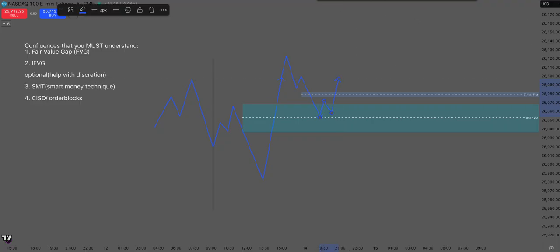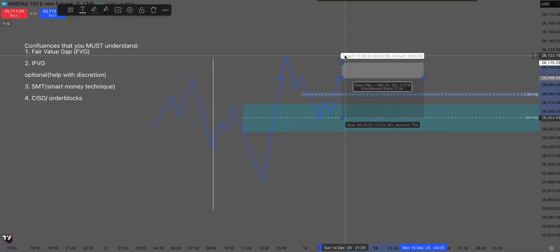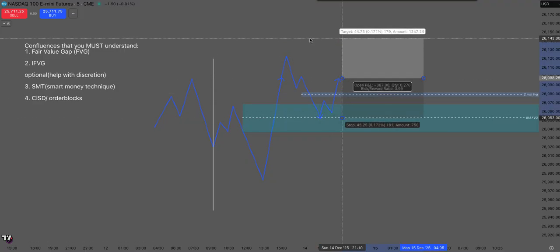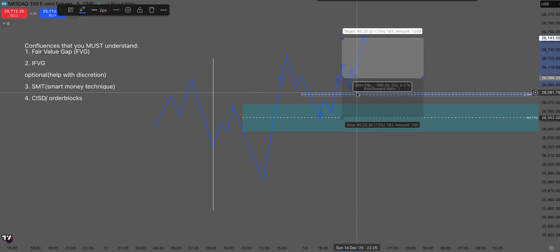You get a 2-minute inversion right here. You enter long. You're literally not paying attention to higher time frame or anything at all. You're entering long, and you're targeting just a 1-to-1. And using this model, your win rate is so high. So like that, this is the bare bones of the strategy.